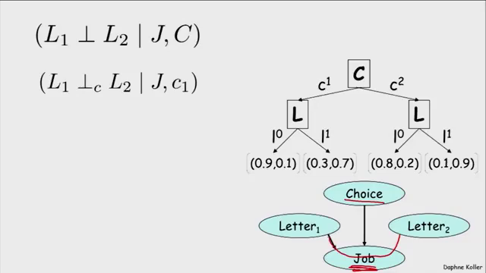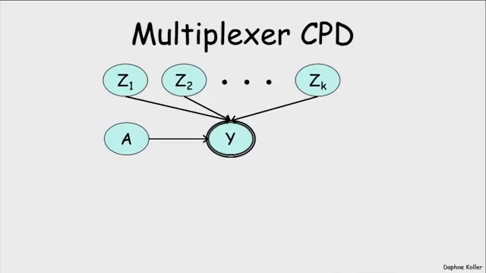And so in the context C1, the graph really looks like this, where there's no edge from L2 to J. Conversely, looking at the other case analysis where C equals C2, in this case, this other edge is going to disappear. And once again, there's no V structure, and so there's no active trail between these two variables, L1 and L2. So effectively, in both of these cases, the active trail disappears, and so that implies the independence assumption.